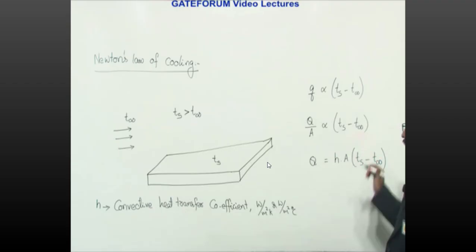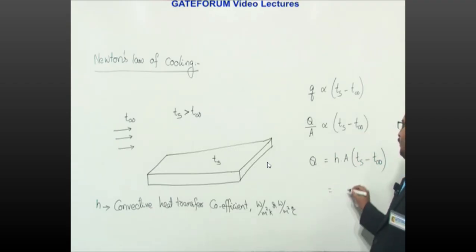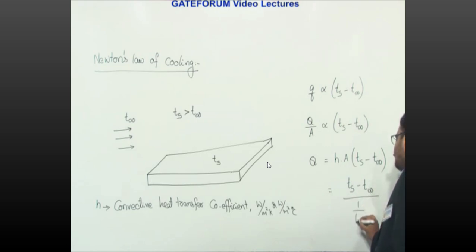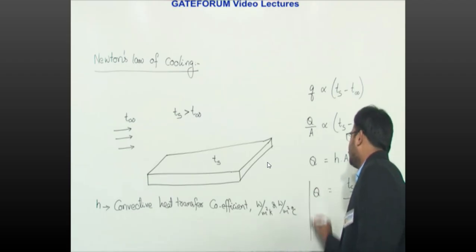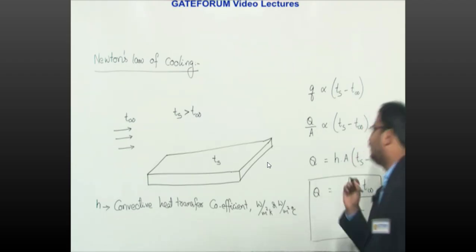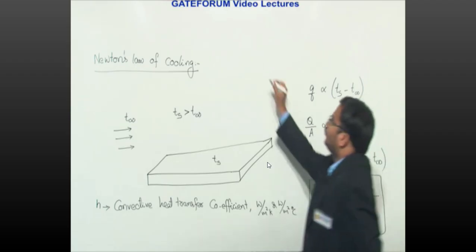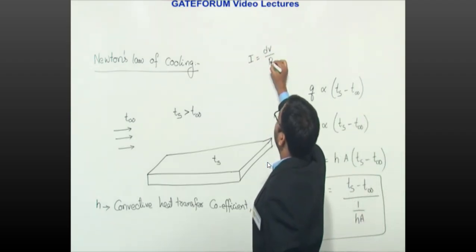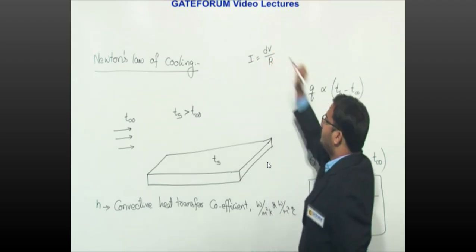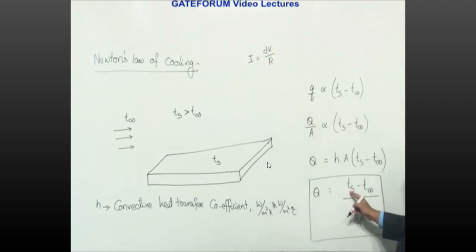Now we can write this particular equation as Ts minus T infinity divided by 1 by hA, which is equal to Q. This equation is analogous to Ohm's law, I is equal to dV by R. Current is because of potential difference, whereas heat transfer is because of temperature difference.